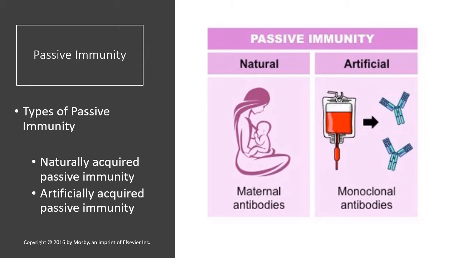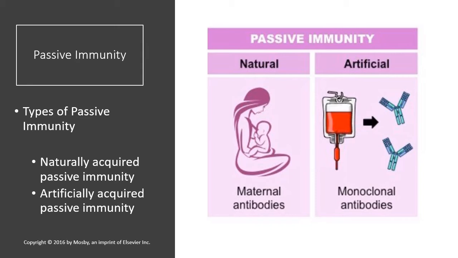These things are actually called immunoglobulins, and we collect them from humans. We collect them from animal sources, different places, and we use them to give temporary immune support to people who've been exposed to viruses. So there's two types of passive immunity, and they are natural and artificial.